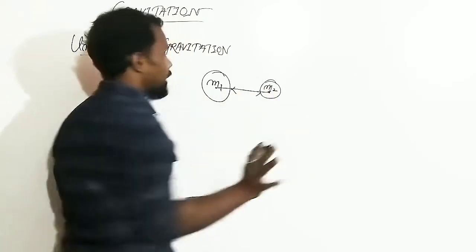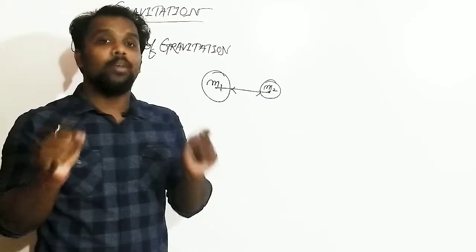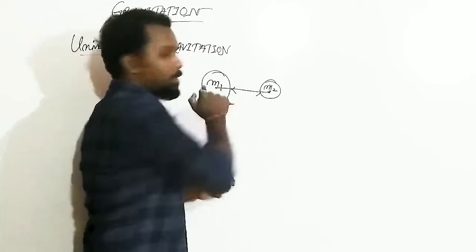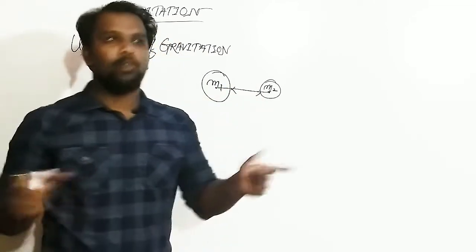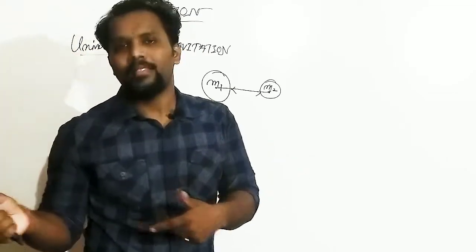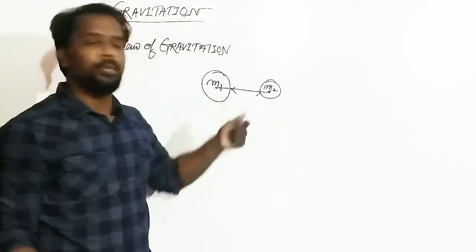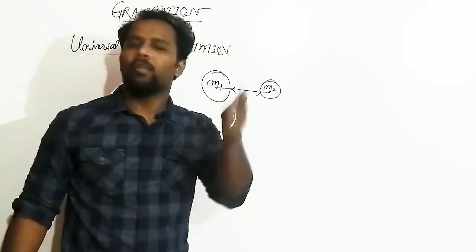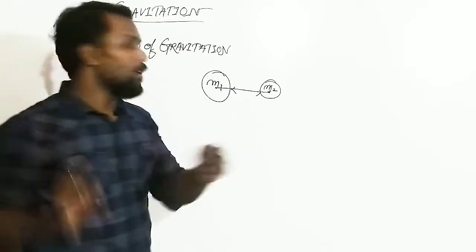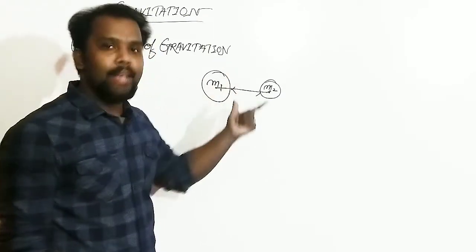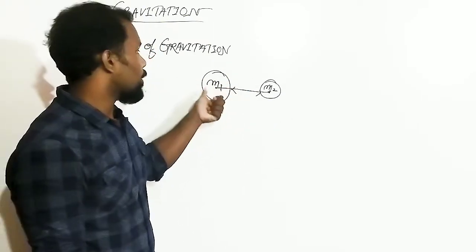And by the way, remember one thing: gravitational force always acts from center to center, from the center of this body to the center of the other body. Once you get to higher studies, you will learn that the center actually shifts depending on the situation and the masses, but in class 9 it is not needed. You just have to understand that gravitational force always acts from the center of one body to the center of the other body.